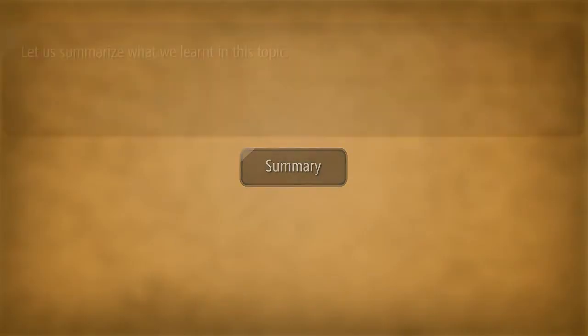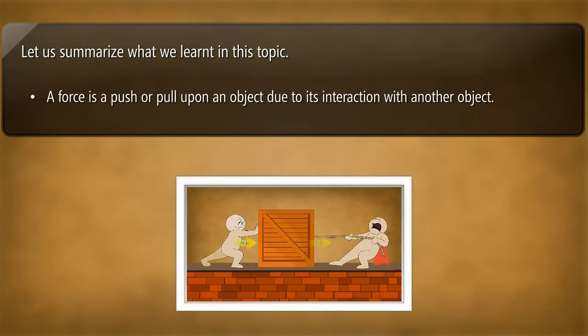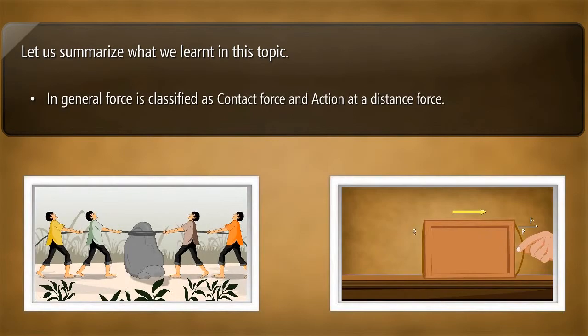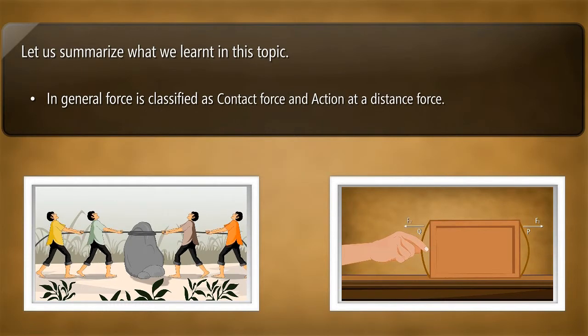Summary. Let us summarize what we learned in this topic. A force is a push or pull upon an object due to its interaction with another object. In general, force is classified as contact force and action at a distance force.